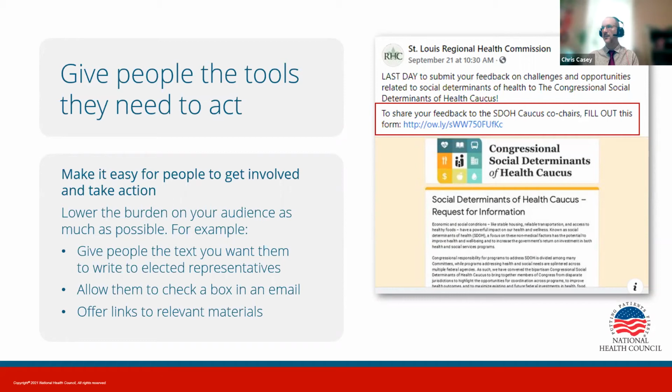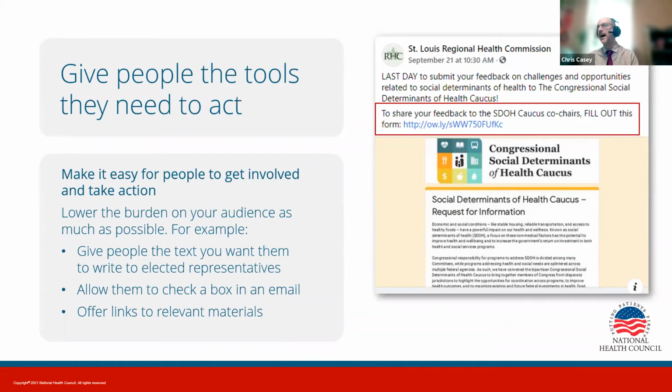And so in this example here, it's from social media, from an advocacy group here in our city of St. Louis. So it gives a web link that you can follow. And to unpack this further, you can often give people the exact verbatim text that you want them to write to elected representatives. It's a lot easier to copy and paste than it is to write an original email.